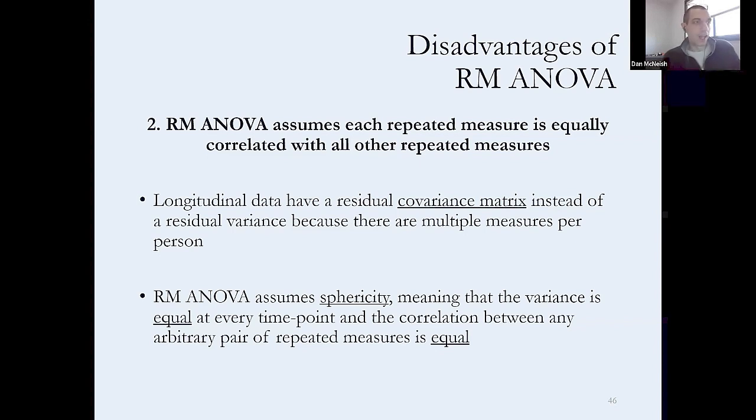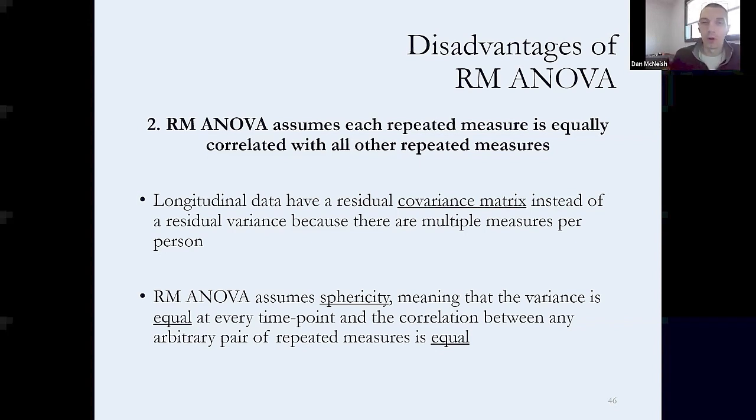A second weakness that's a little more nuanced, but still as important, is that repeated measures ANOVA assumes that each measure that you collect is equally correlated with all of the other measures.